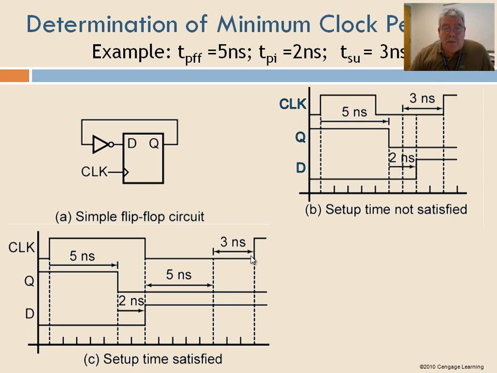So we have plenty of time. If you see how long this cycle of the clock took, it is clearly 5 nanoseconds plus 2 nanoseconds plus 5 nanoseconds is 12, plus 3 nanoseconds is 15. Clearly, we can make this clock faster and still comply with the values that are required here.